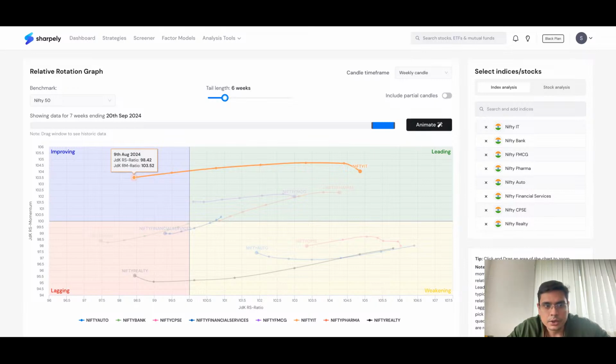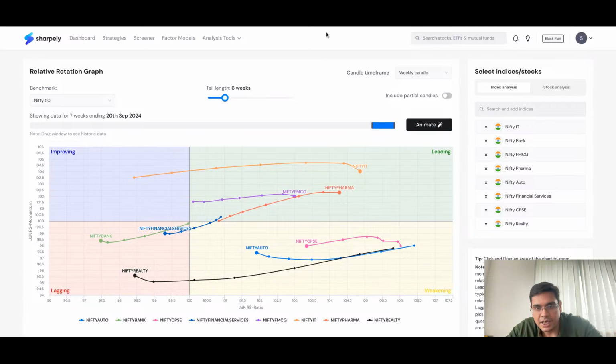So you hold it through improving and leading quadrant. This chart will always go in a clockwise direction, right? So it will not go in the opposite direction. If you look at this chart, every line is going in a clockwise direction. So it will always be leading, weakening, lagging, improving, leading, weakening. It's possible that from weakening it can move to leading as well directly.